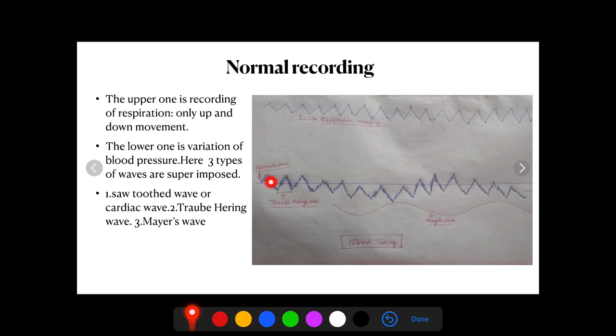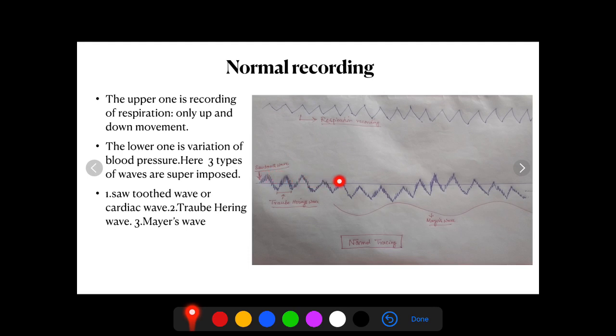This is known as a sawtooth wave or cardiac wave. This is actually the variation of blood pressure in systole and diastole. Now the bigger one, this one, is actually Traube-Hering's wave, the variation of blood pressure during inspiration and expiration.